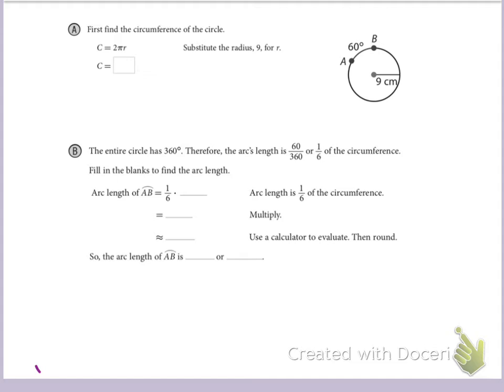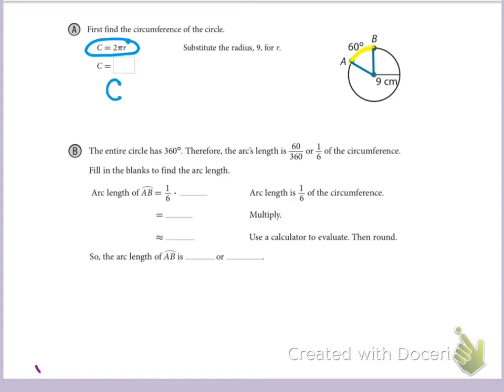And so we're going to go ahead and find the length of arc AB by seeing what fraction of the circle it covers. So really what we're trying to figure out first is the whole circumference of this circle, and then we'll figure out what fraction it is. So let's first find the circumference of the circle. We learned the formula circumference equals 2 times pi times r.